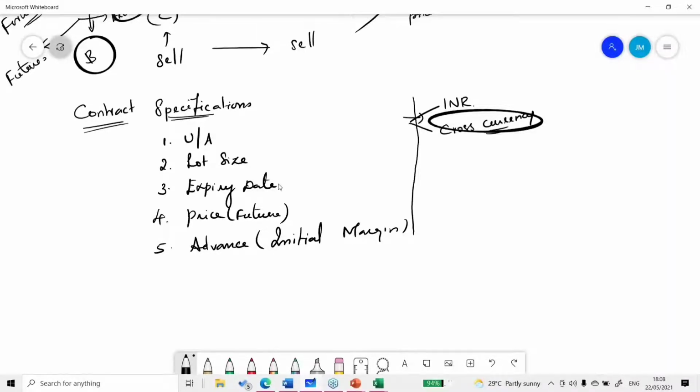And the initial margin is decided by the exchange based on the value at risk as well as span margin. The one thing which we need to decide is the future price, and the remaining specifications of the contract will be decided by the exchange.